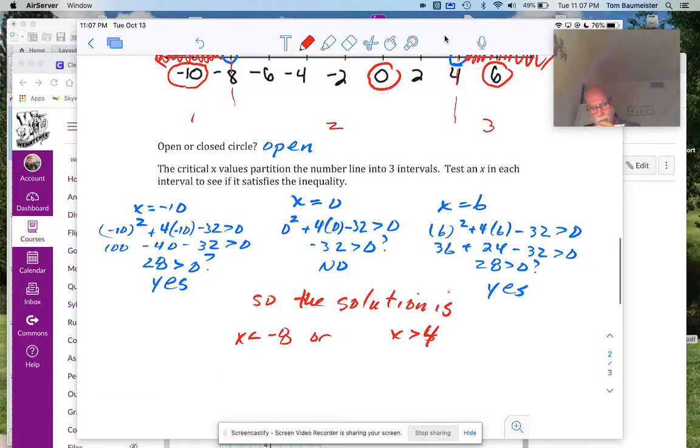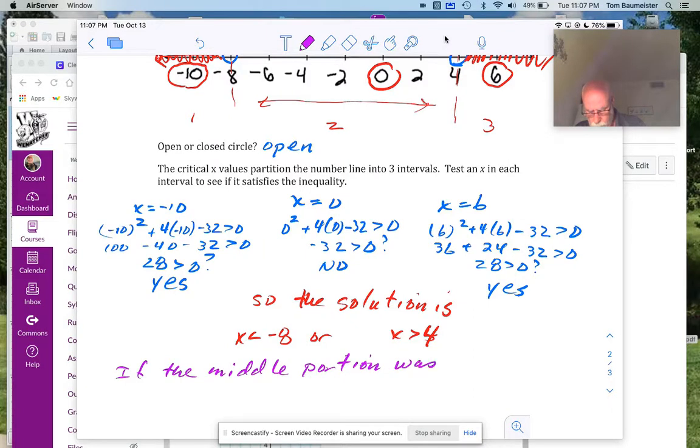Now, I'm just going to tell you on this one here, if it was true in here, you would have told me that x is between. So I'll go ahead and write this down just so you can see it. If the middle portion was true, which again, I know it's not, but if it was, you would have told me that x is between 4 and -8.